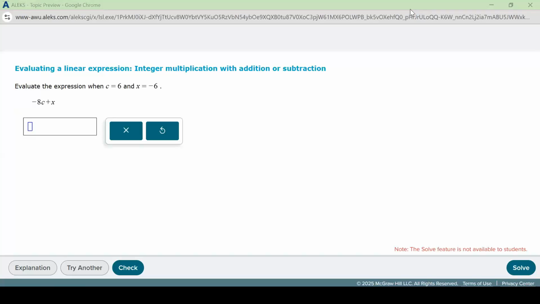-8C, which is C is equal to 6. So 8 times 6. And even though it says plus X, we don't usually write plus and then minus next to each other.